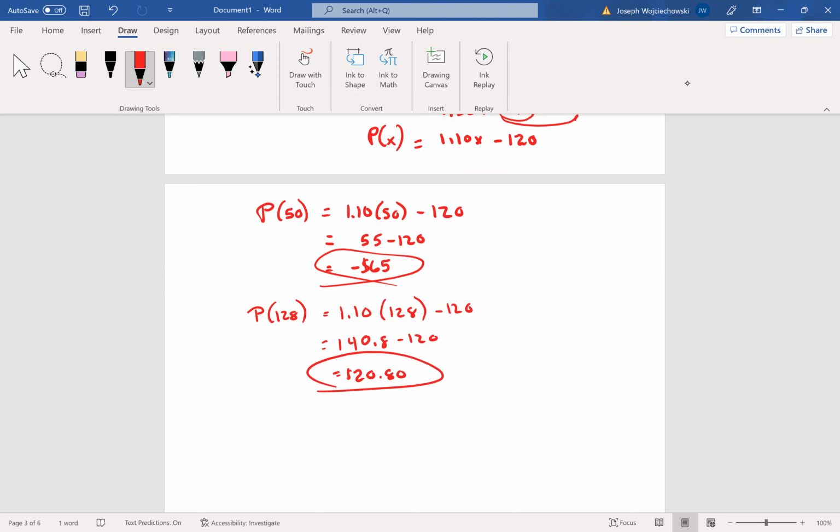Last, what is the break-even point? That means I want my profit to be 0. 1.10x minus 120 equals 0. So I add 120 to both sides. Then I divide by 1.10. And I get 109.0909 repeating.